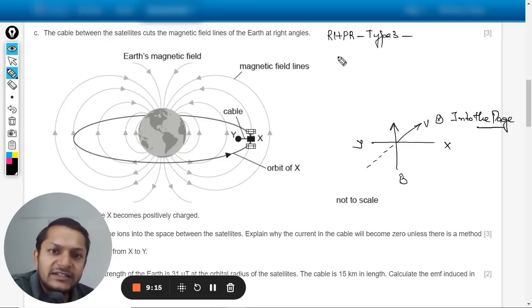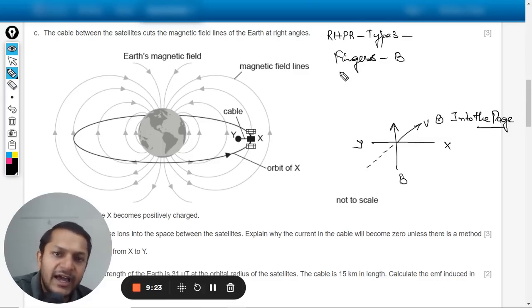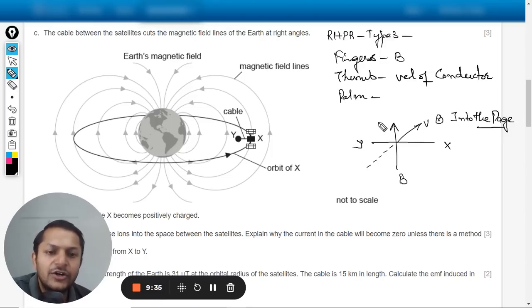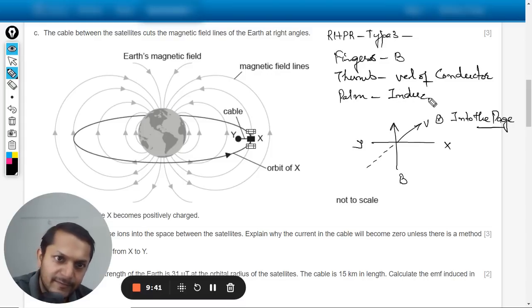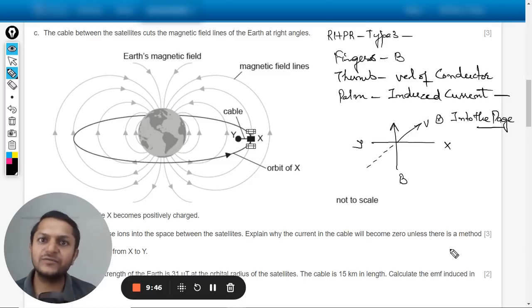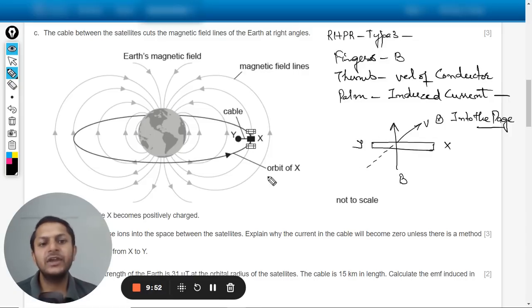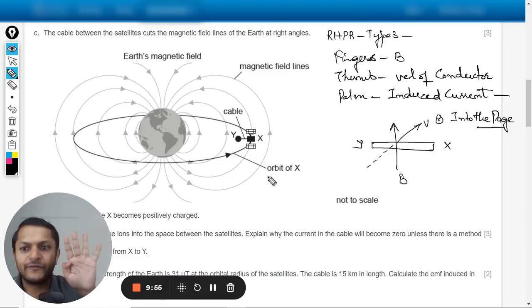In this, we keep our fingers in the direction of the magnetic field, and the thumb towards the direction of the velocity of the conductor. The palm will then point towards the direction of the induced current, or the direction in which the positive charges would experience force. So this is the conductor X to Y. Yeah, the magnetic field is upward, so my fingers are upward.